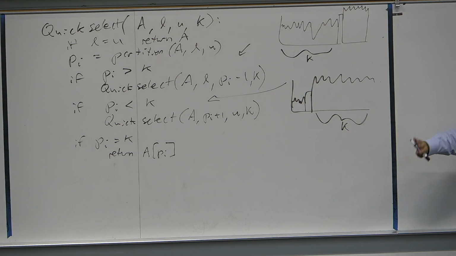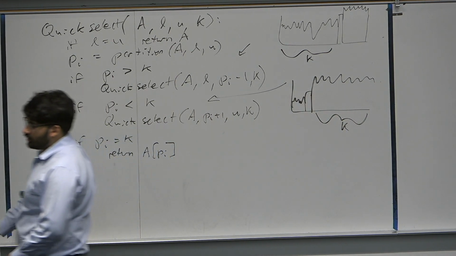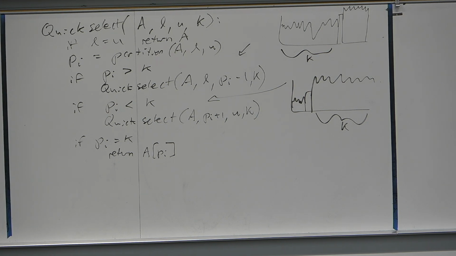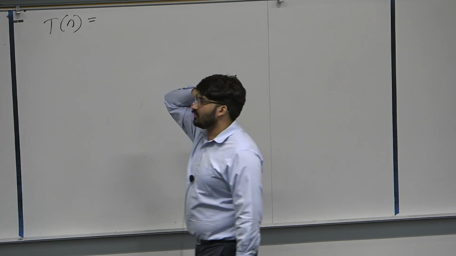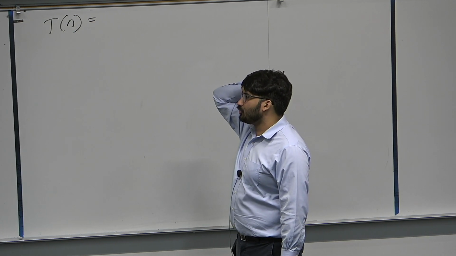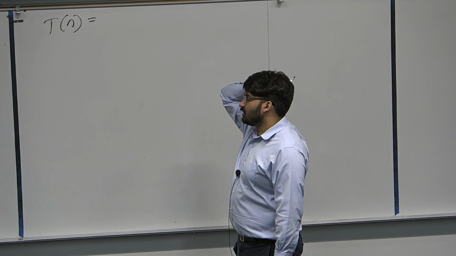Before runtime analysis, any questions on the correctness? These pictures are basically the proof. Okay, now the important part today. What is the runtime of Quickselect here? In the worst case, let's say we repeatedly choose really bad pivots.